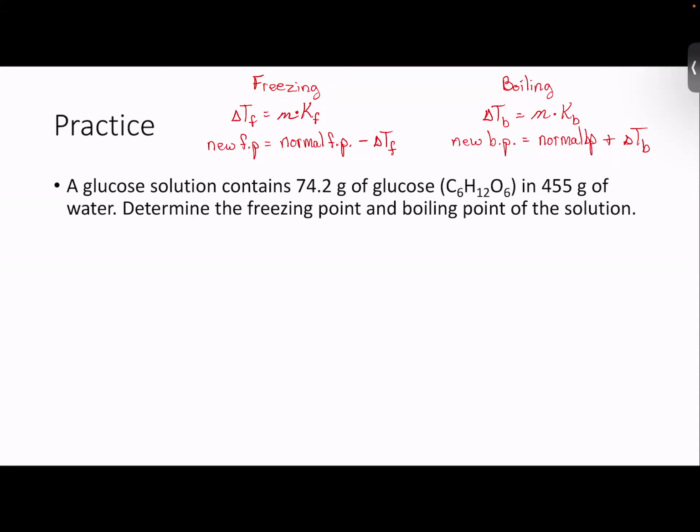Now, to be able to do this, I'm going to need the molality, which is a 5th equation. Molality is equal to the moles of solute divided by the kilograms of solvent. This is the only concentration unit where the denominator is about the solvent.